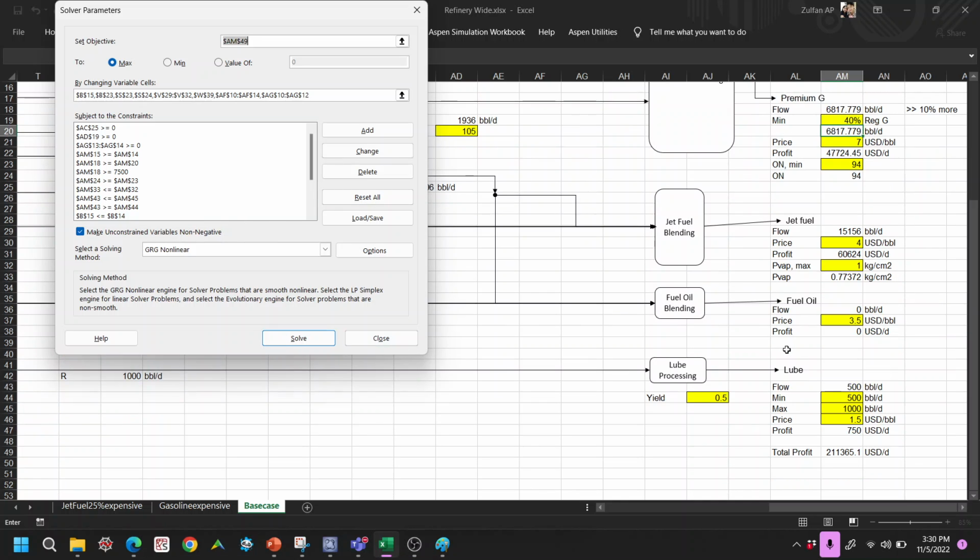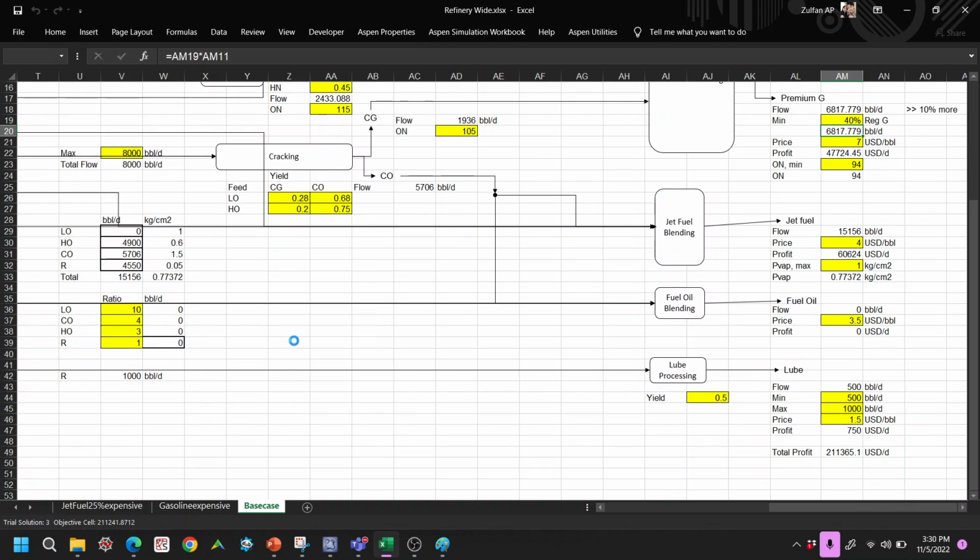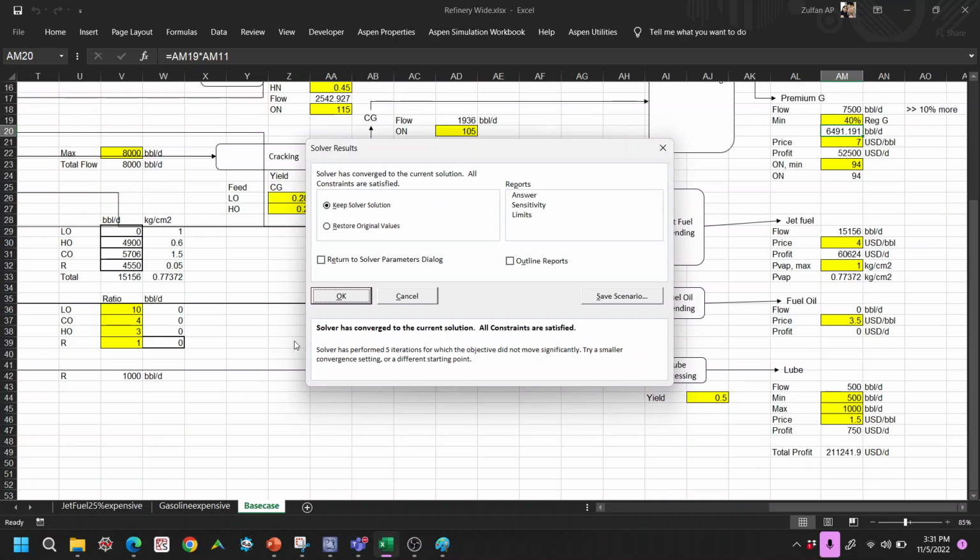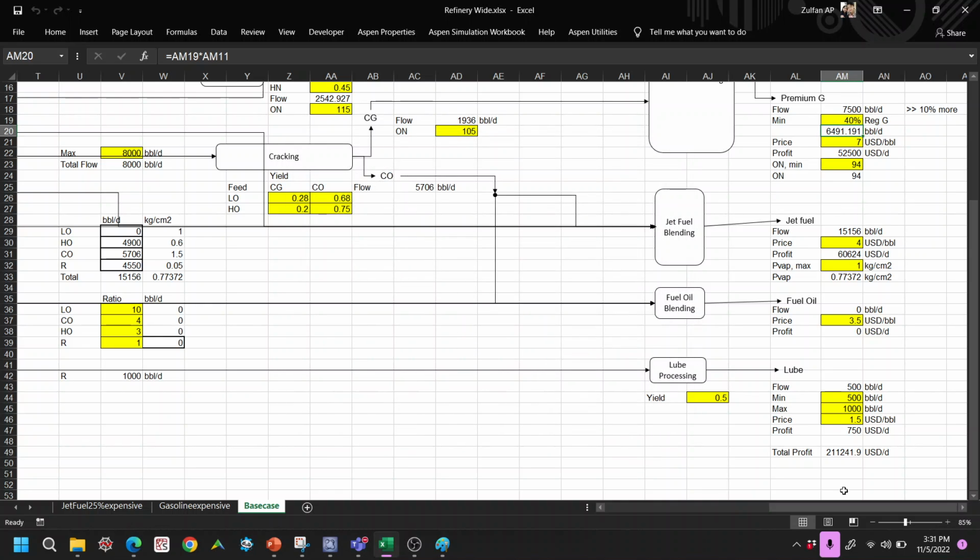Initially we have this 211, and then you can click solve, and it's not much more than 211, but you are fulfilling this barrel per day.